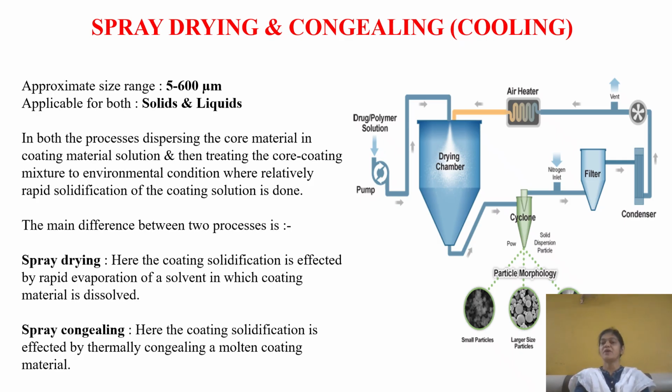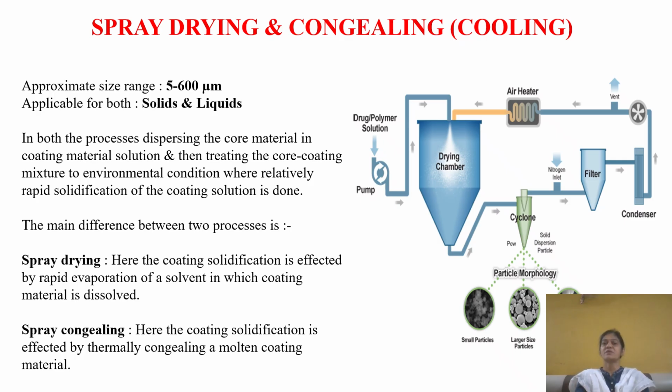Whereas spray congealing is where coating solidification is affected by thermally congealing the molten coating material. In spray drying, we get a particle size of 5 to 600 micron, and this is applicable for both solid as well as liquid processes.